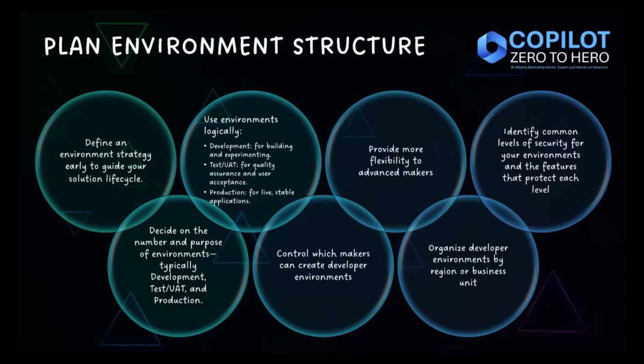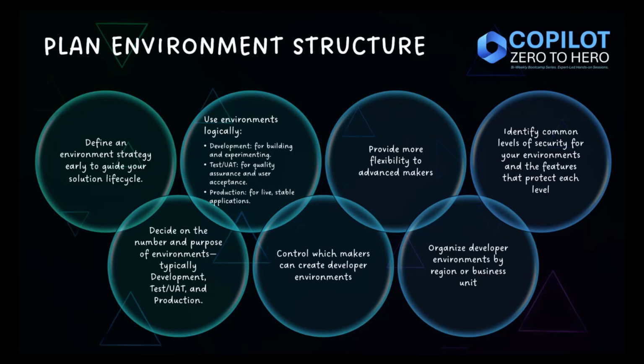So looking at that, when you are starting your journey in the Power Platform, it is important to define a clear strategy, right? An environment strategy, and we'll show you a little bit of a diagram as an example. Defining an environment strategy early just helps guide your solution lifecycle.